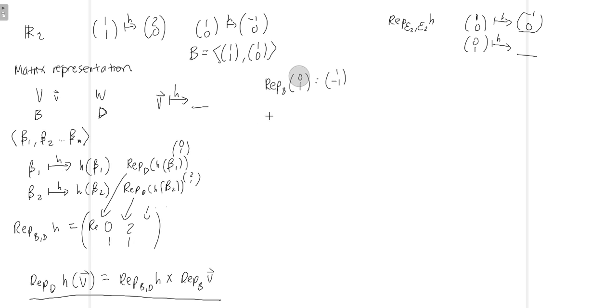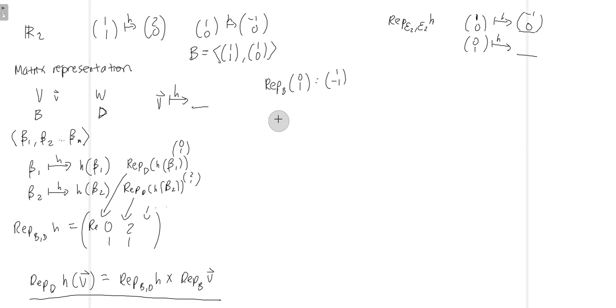What we'll do is take each vector in this basis and project it. Now we know the projection: (1, 1) goes to (2, 0).